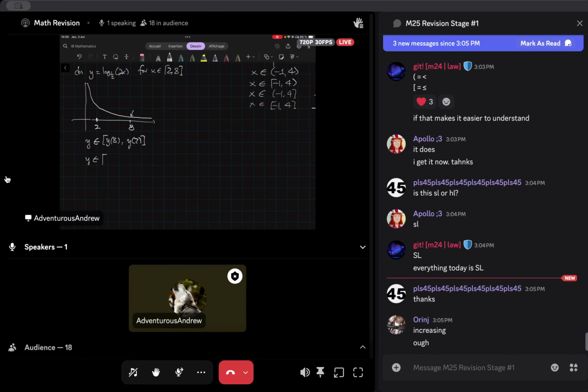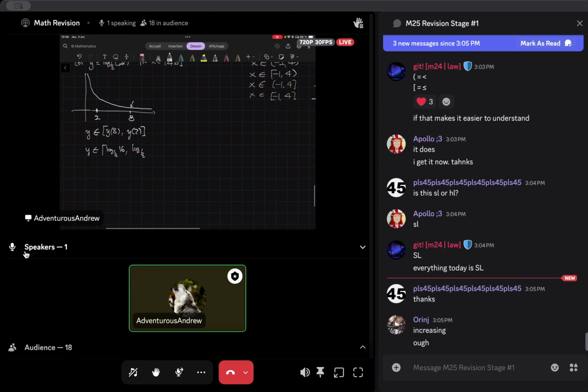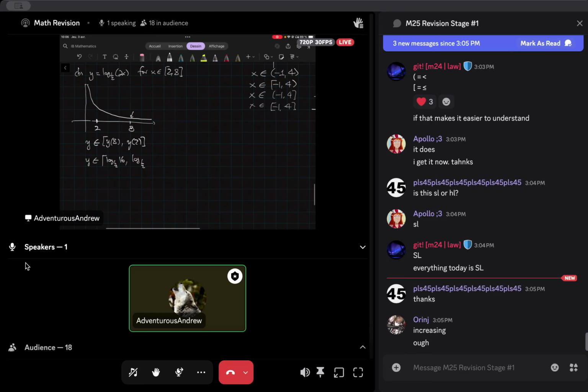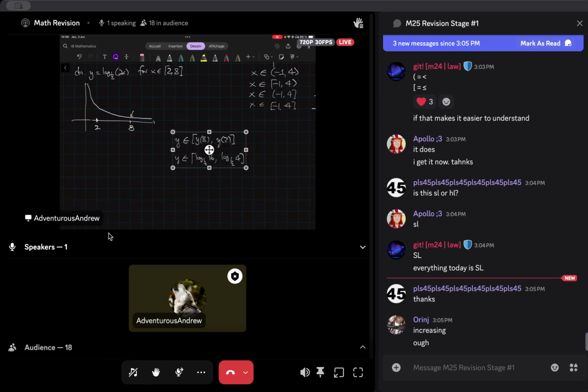y of 8, that is log base 1/2 of 16. y of 2, that's log base 1/2 of, hold up, I think I messed it up. Log base 1/2 of 4. No, this is actually wrong. 2 and 8.